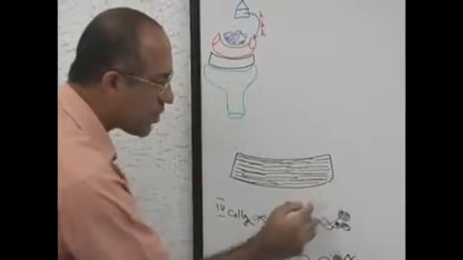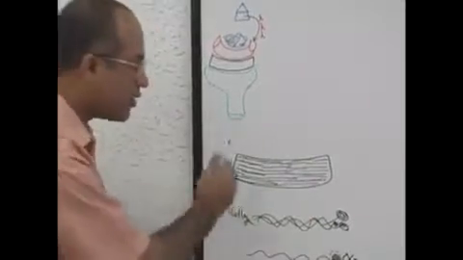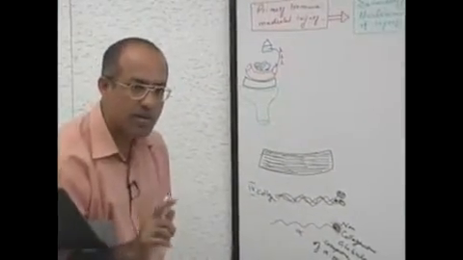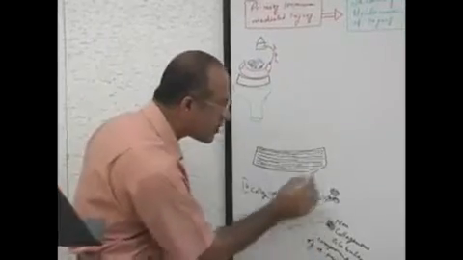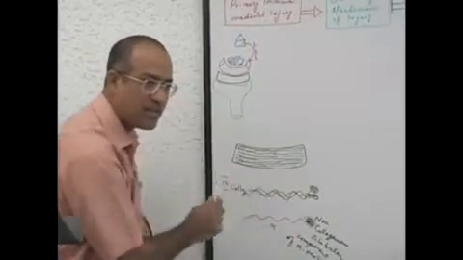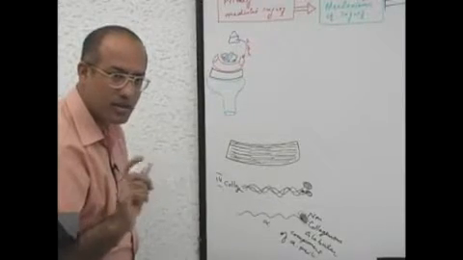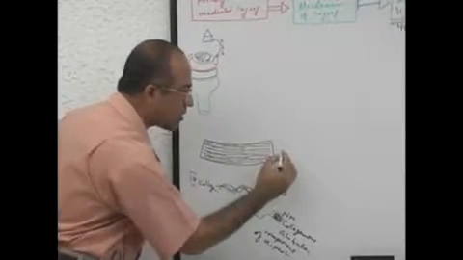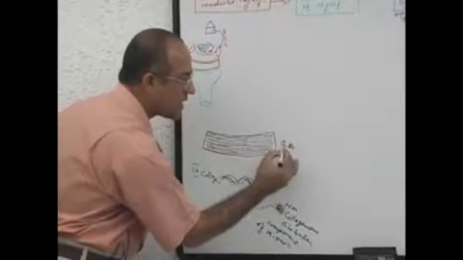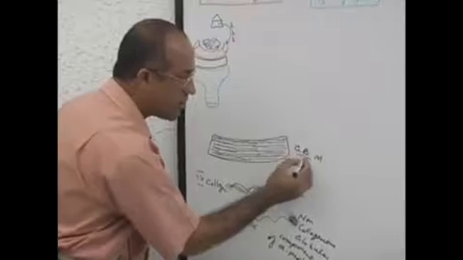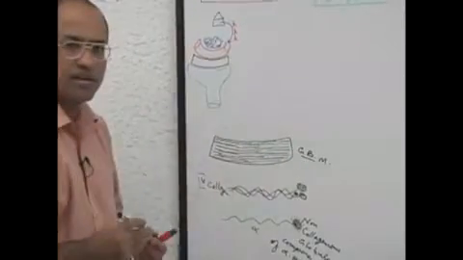Now, because type 4 collagen is present uniformly throughout the glomerular basement membrane, it means this antigen is also present uniformly in GBM. Okay, I will call glomerular basement membrane in the lecture as GBM from now onward. What is meant by GBM? Glomerular basement membrane.